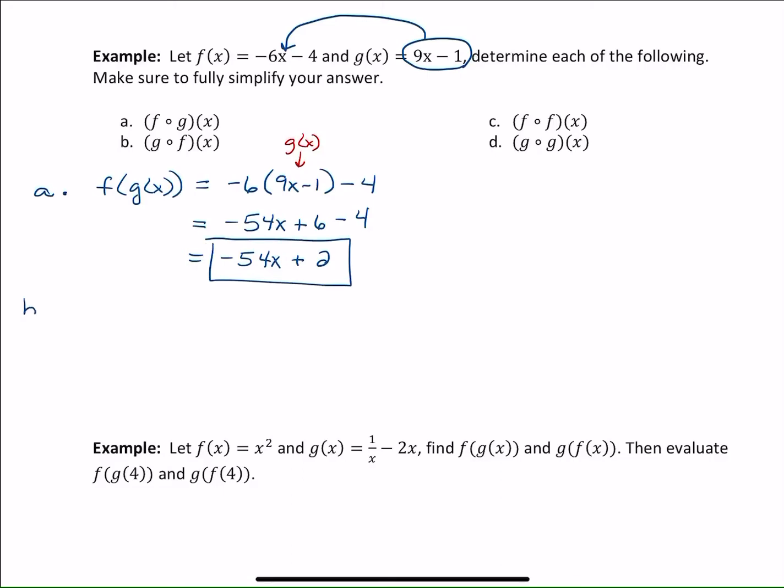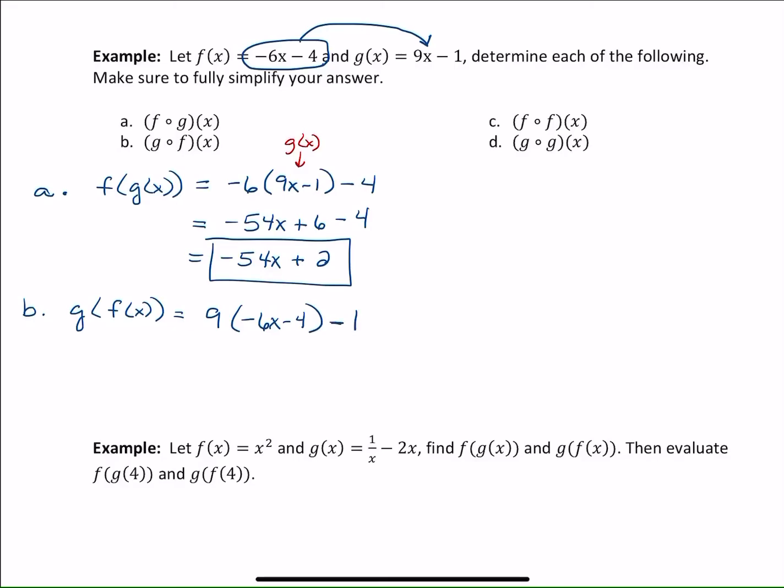If we look at B, it wants us to find g of f of x. So we're going to do just the opposite here. I'm going to take f of x and plug it into g everywhere you have an x. So I'm going to have 9, and where the x is, I'm going to have -6x minus 4, and then we've got the -1.